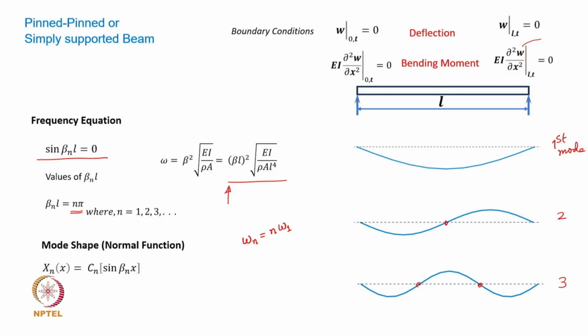And if you consider the beam cross section or a bar cross section to be varying with x, then the solution becomes quite challenging, and that is the reason why continuous systems are typically solved with those simplifying assumptions.